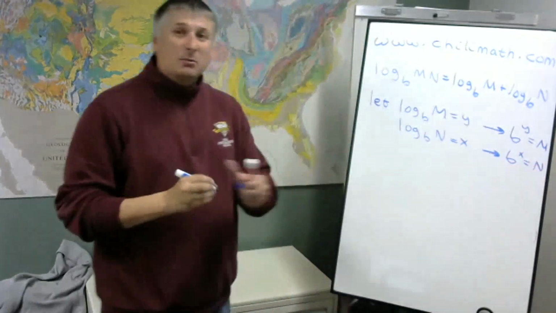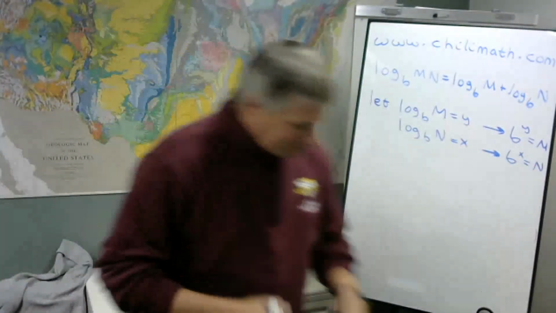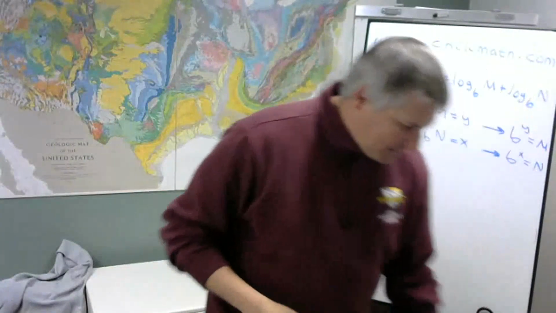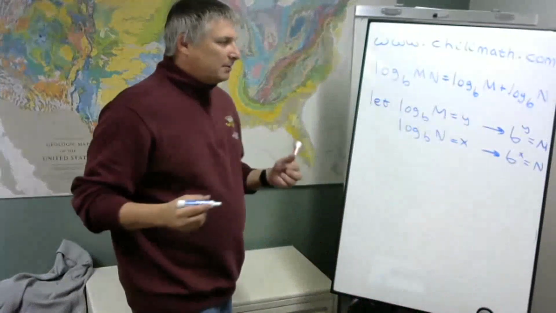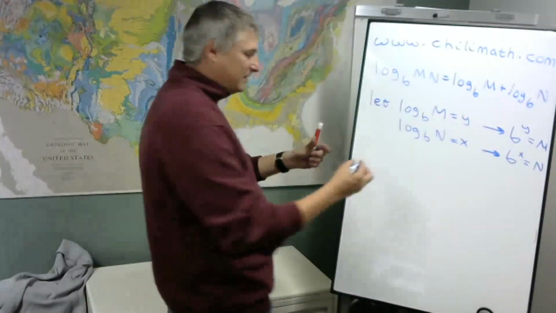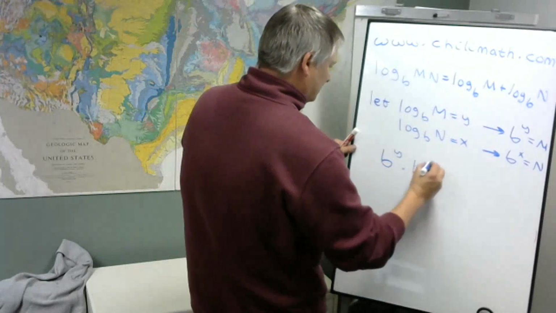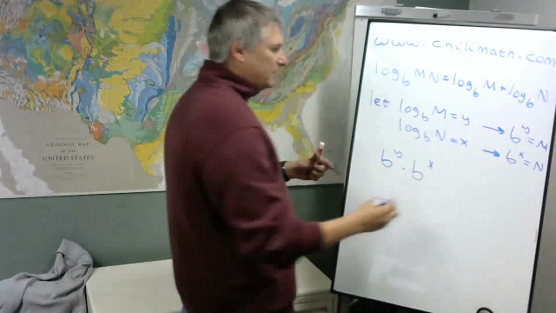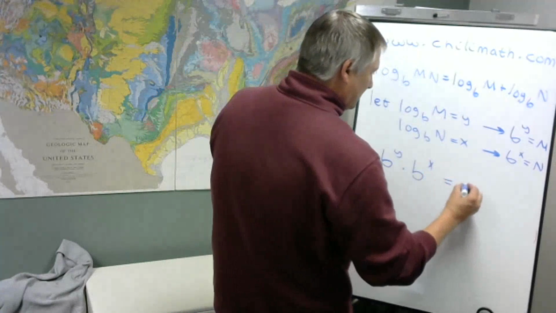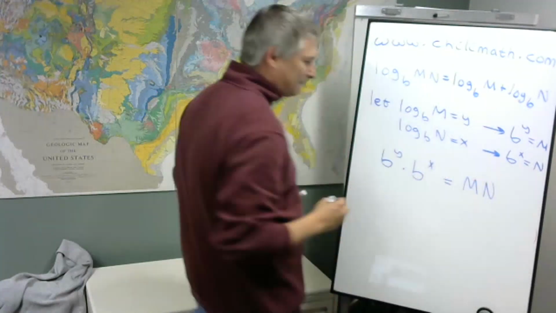That's a little more familiar. All right, so what we're going to do is multiply b to the y times b to the x, and when we do this, we get m times n.